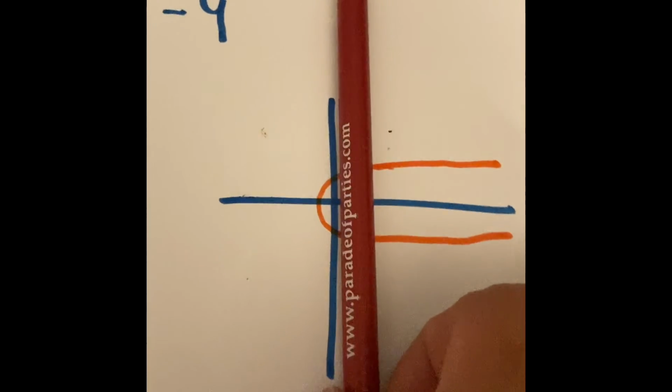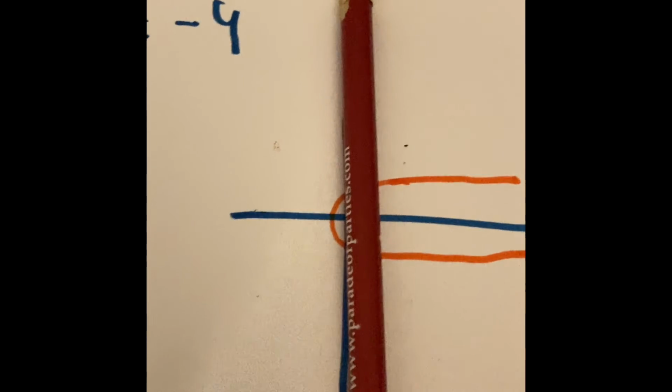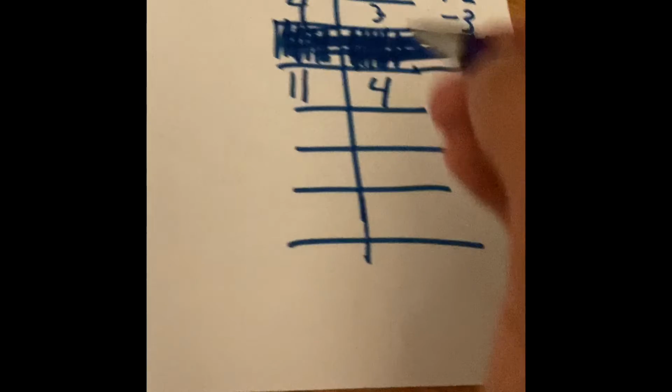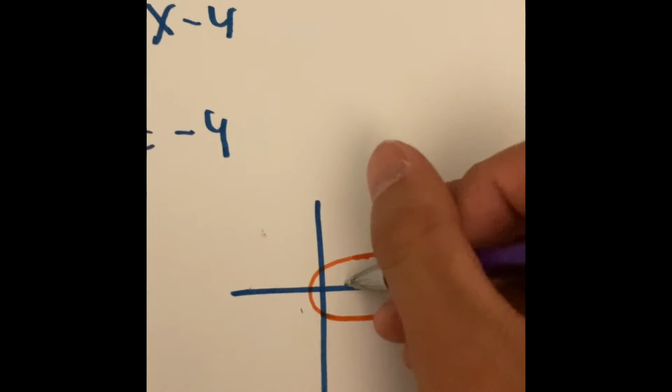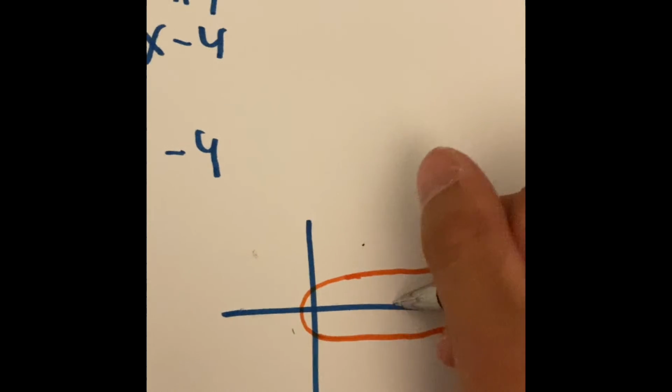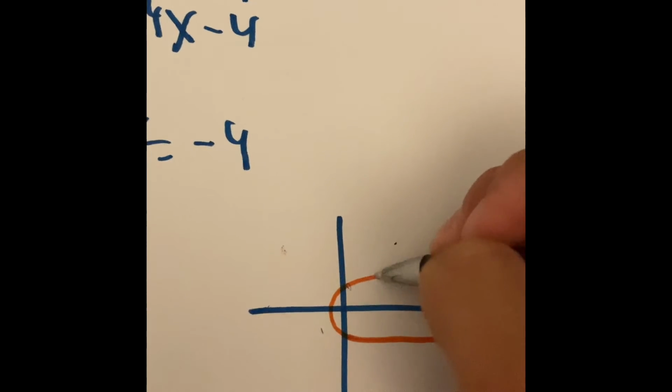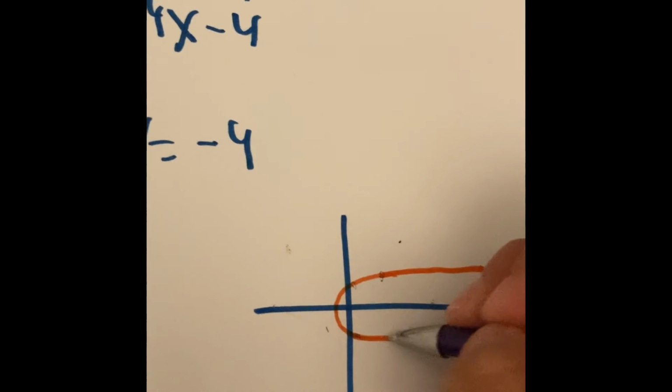So this is not a function because when we originally placed 4 and 11 in for x, that is going to be 4 right here and possibly 11 right here. And our y's are going to be on the y-axis. Here is one right here, one right there, one right there, and one right there.